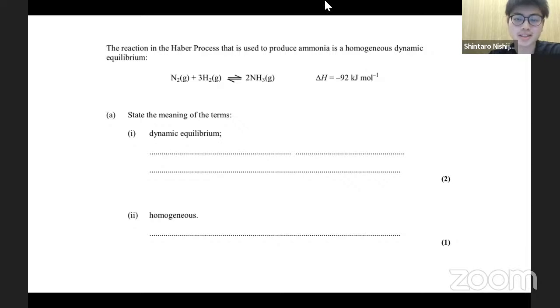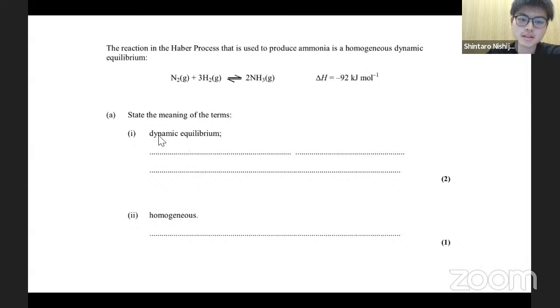What's the opposite of dynamic? Why is it dynamic? Do people know the opposite of dynamic? The specific term I'm looking for. It's not too important to know, but it will help with other STEM subjects as well. Yeah, static. You could have static equilibrium as well in other subjects.